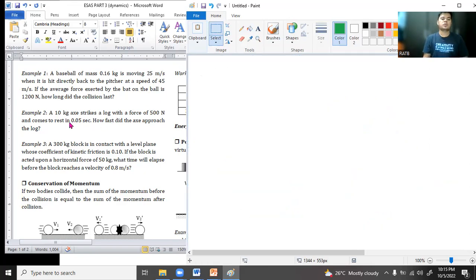And then we move to example number 2. In example number 2, you have a 10 kilogram axe. It strikes a log. This would be the log, and this is the axe.